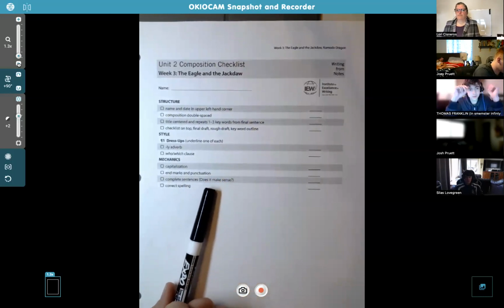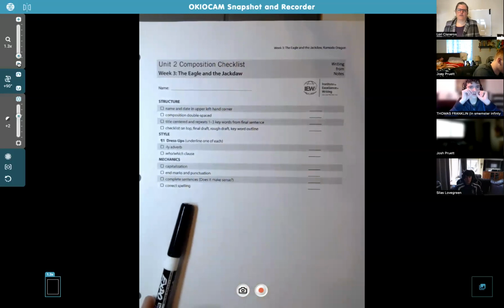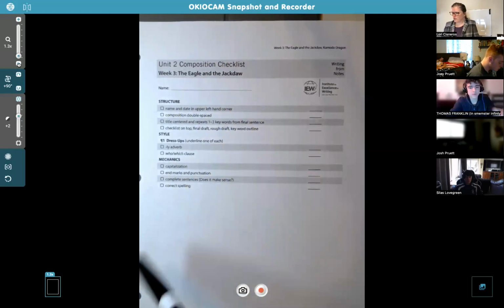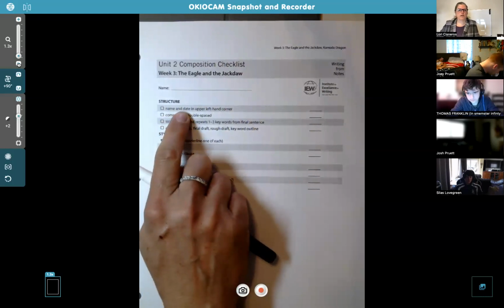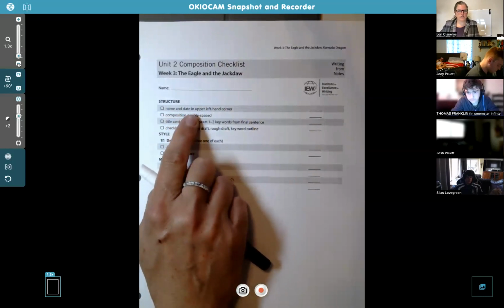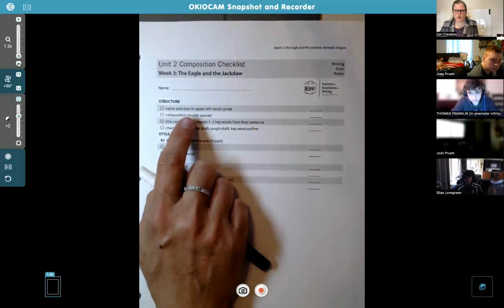So this is page 35 from your binder. You should have that at the front of your binder. Obviously, you're going to label your paper with a name and date. Some of you like to type, and that's okay with me. If you want to type this, I'm okay with that. Use Google Docs if you do, okay? If you are handwriting it, that's okay with me too. Just make sure you double space.